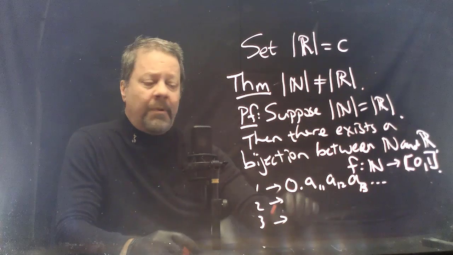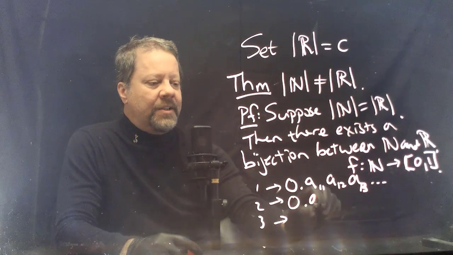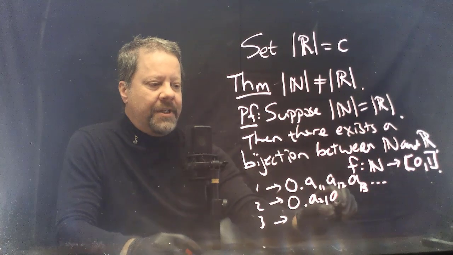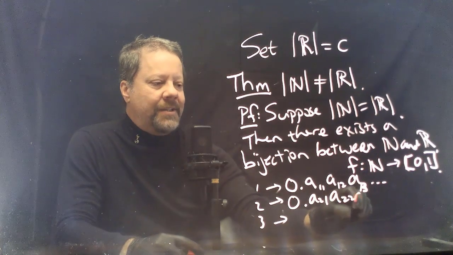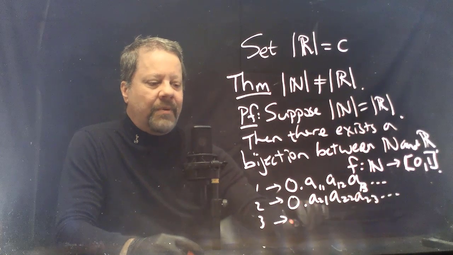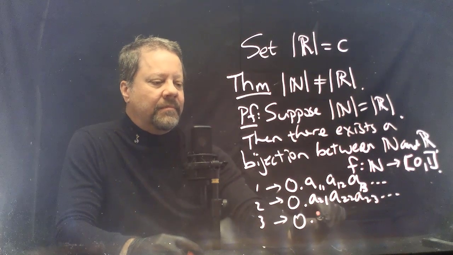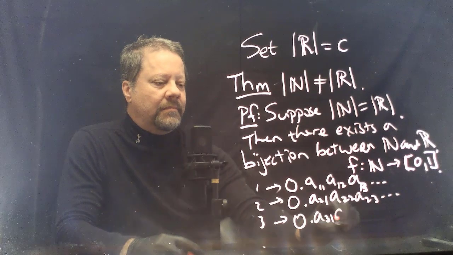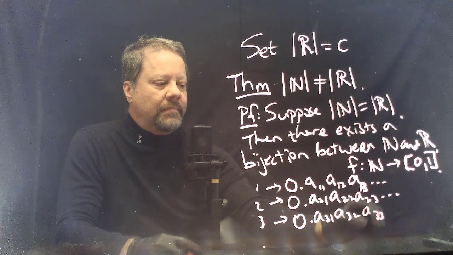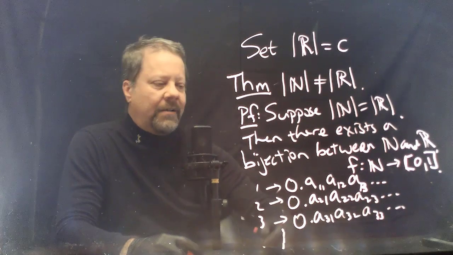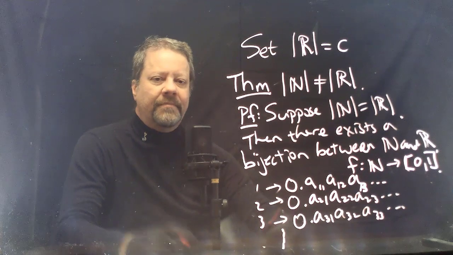It has a decimal representation like this. This is my second number with first digit, second number, second digit, second number, third digit, and so on. And we keep going on in both directions.